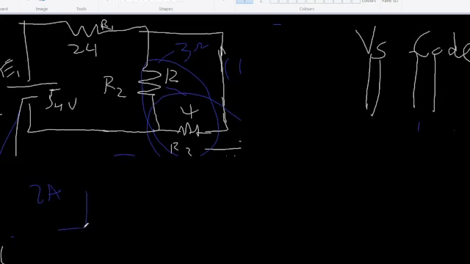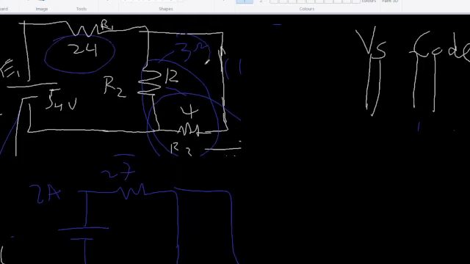So remember, this is the diagram again. This is how we looked when we had 27. Before we had 27, we had 24 and 3, and this 24 and 3 were in series.